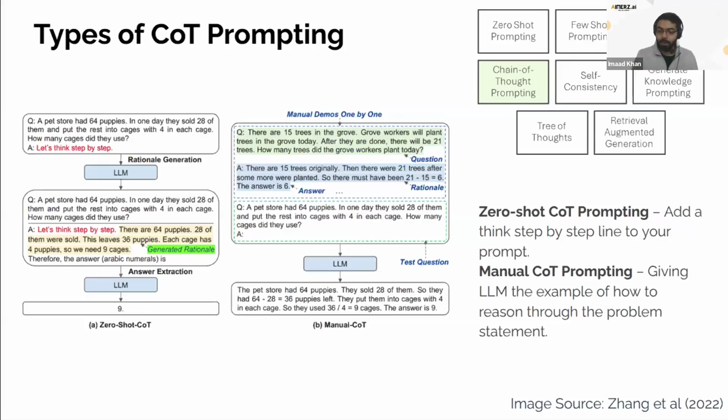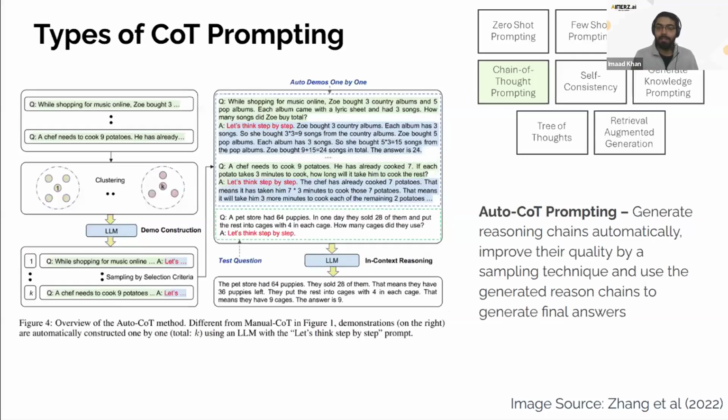So what people have also suggested are different ways of automatically doing this. So there's this automatic chain of thought prompting, which will generate reasoning chains automatically and improve their quality by using a sampling technique, and use the generated reasoning chains to generate a final answer.